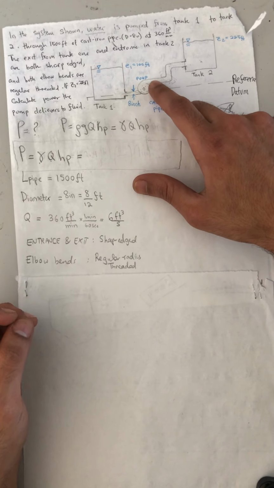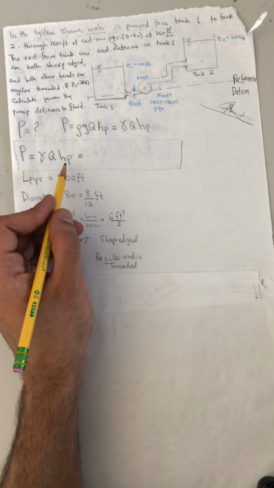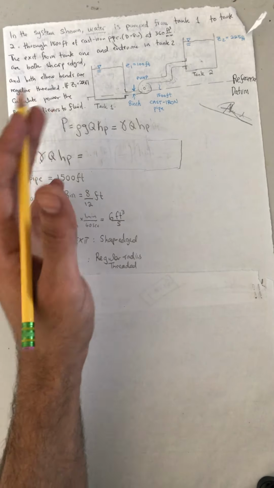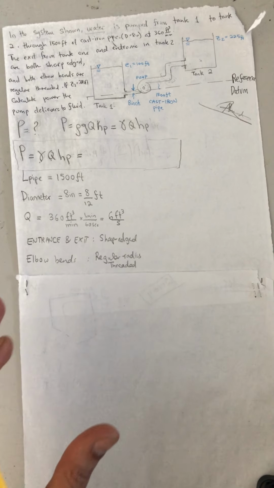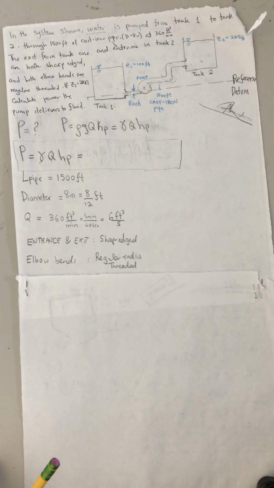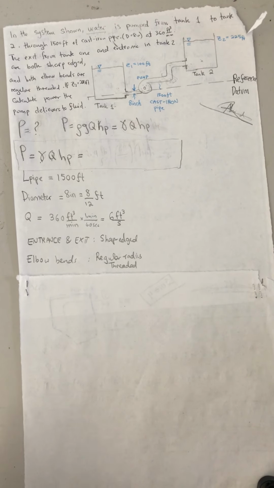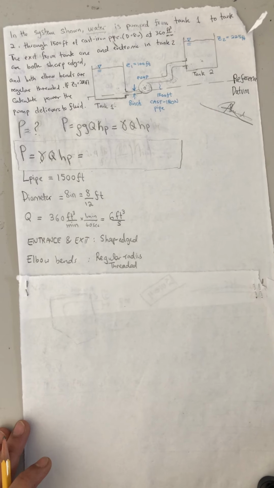So now that we understand the head gain of our pump, and we know that to solve for velocity or pressure in any incompressible fluid at a steady state, we can use the Bernoulli's equation.